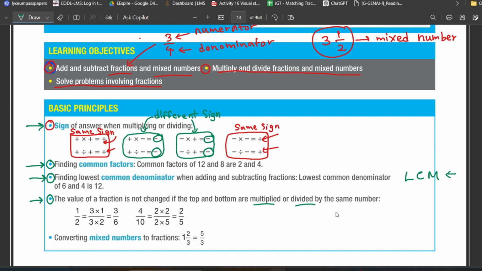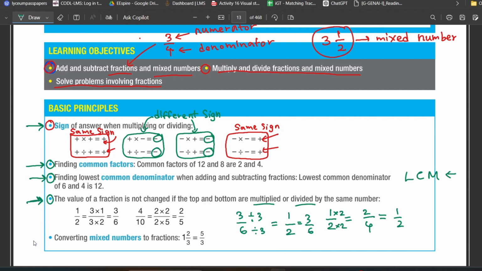You know that, right? If we take 1 over 2 and multiply both the numerator and denominator by 2, we get 2 over 4. These two are equal, so this is also equal to 1 over 2. And if we take 3 over 6 and divide both numerator and denominator by 3, what do we get? We get 1 over 2. So these two are also equal. That's the point they tell here.